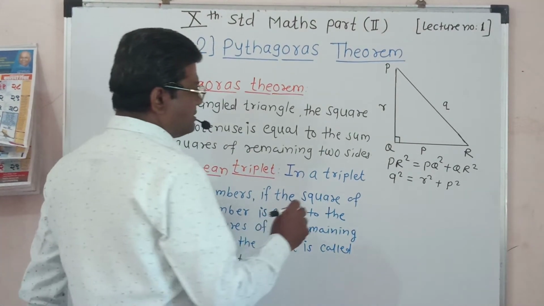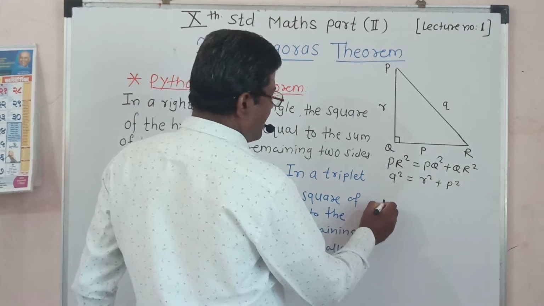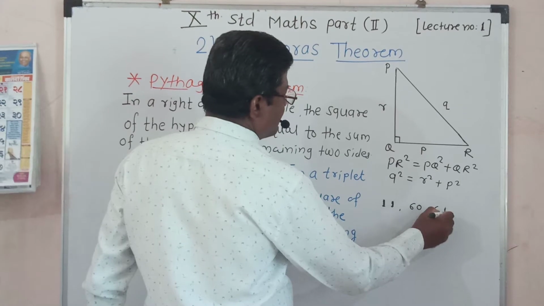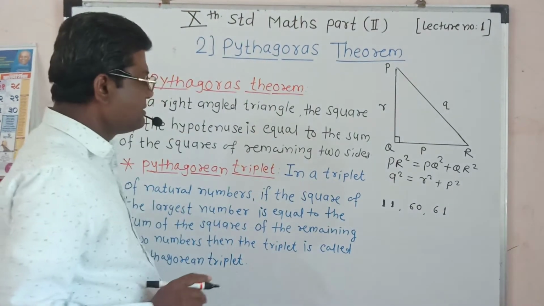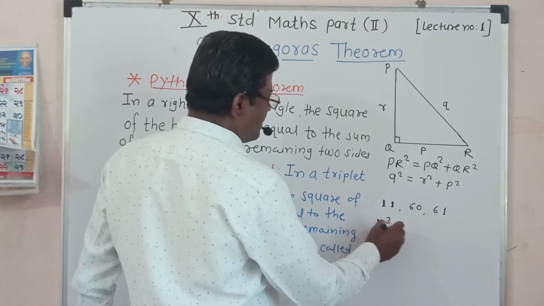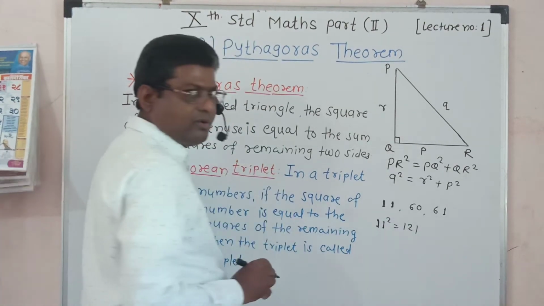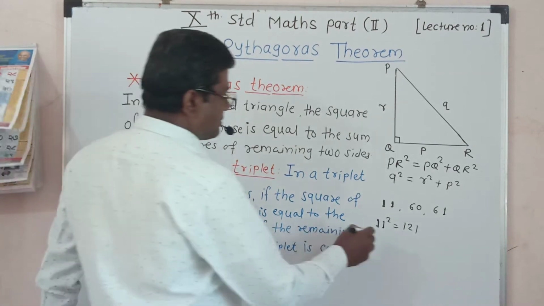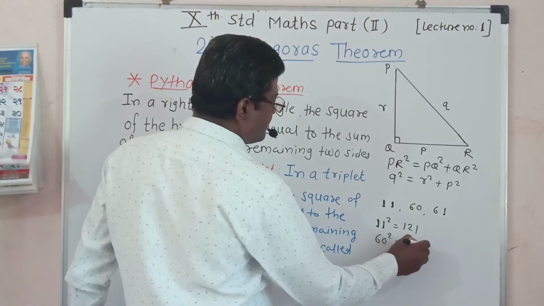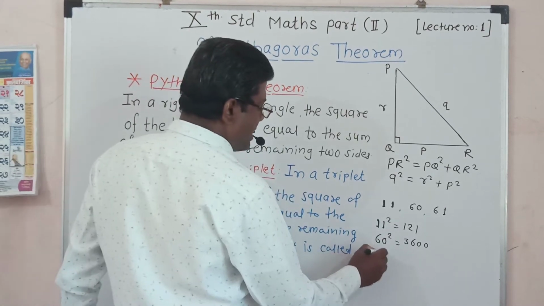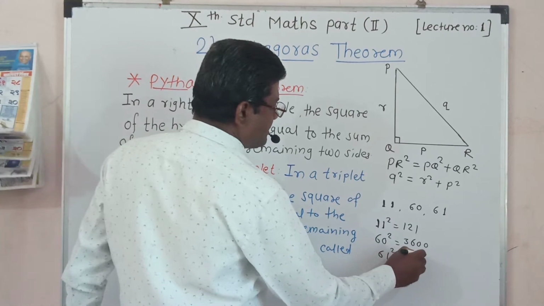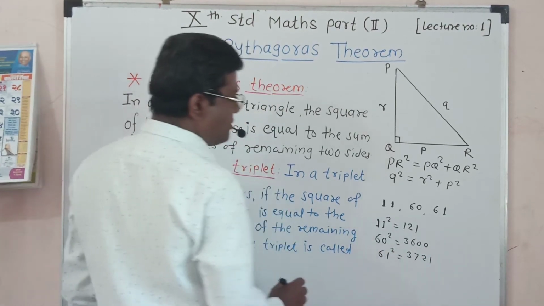Now consider three numbers, that is 11, 60 and 61 are three numbers. We know that square of 11 is equal to 121, square of 60 is equal to 3600, and square of 61 is equal to 3721.